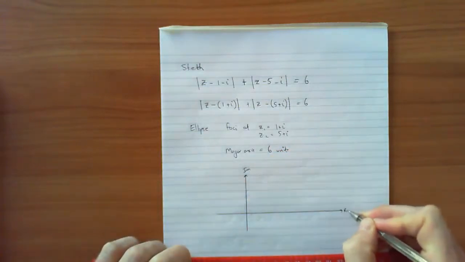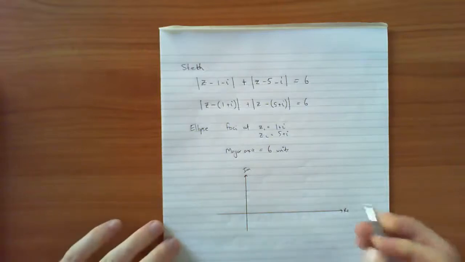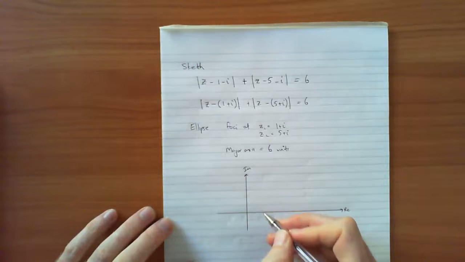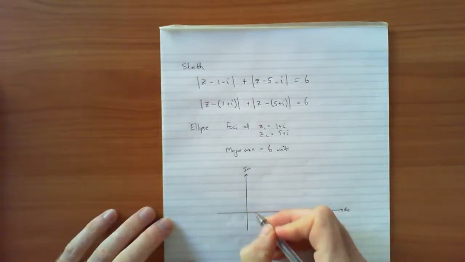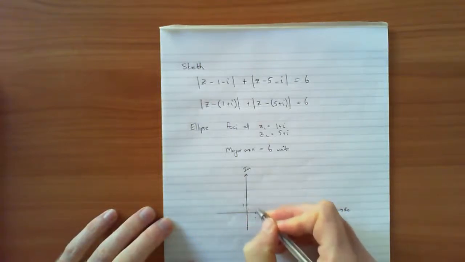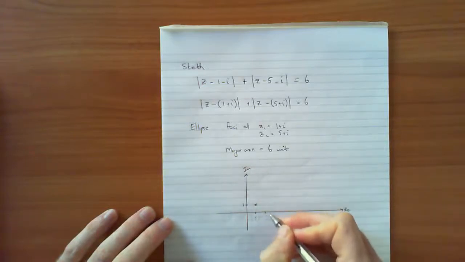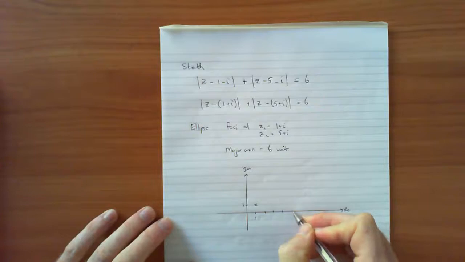Imaginary, real. Okay, so we mark on our two foci. That's the first thing we can do. So at 1 plus i, which will be there, and at 5, 1, 2, 3, 4.